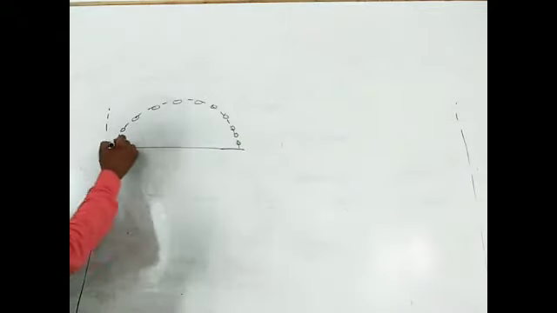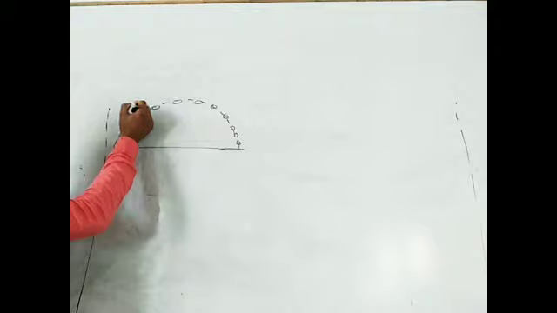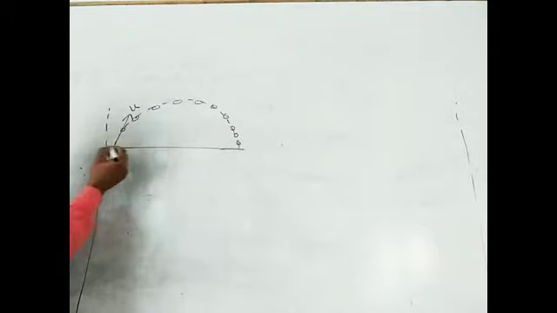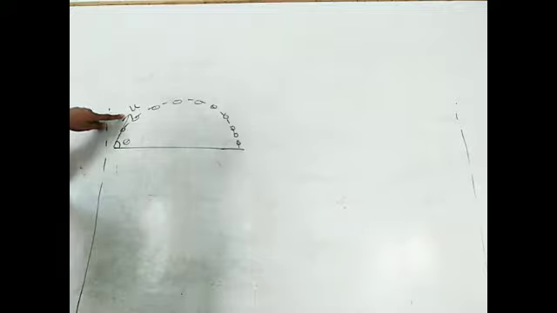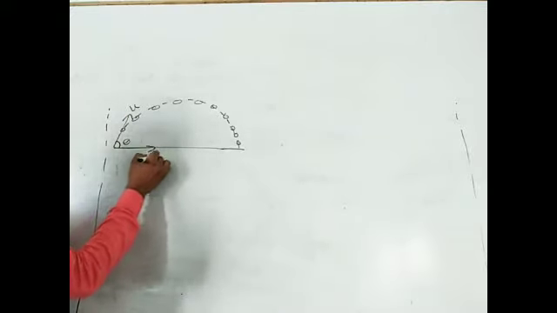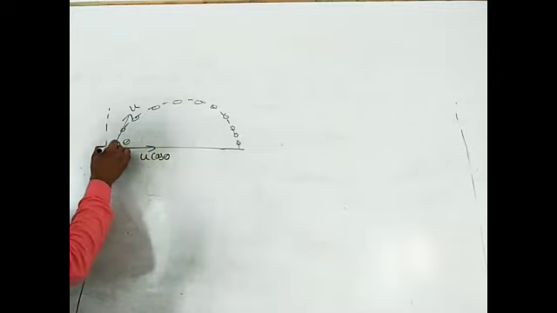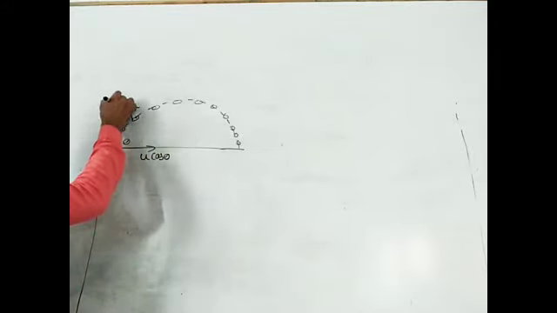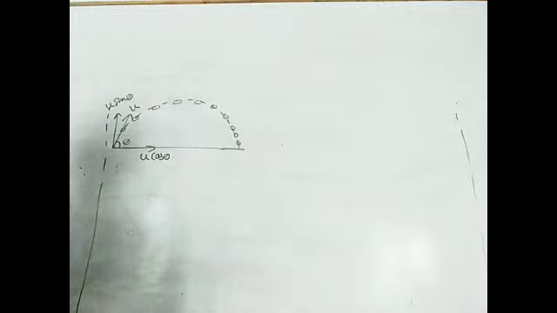Consider an object is thrown with velocity u at angle theta from the horizontal. Then this velocity u has 2 components, horizontal component u cos theta and vertical component u sin theta.